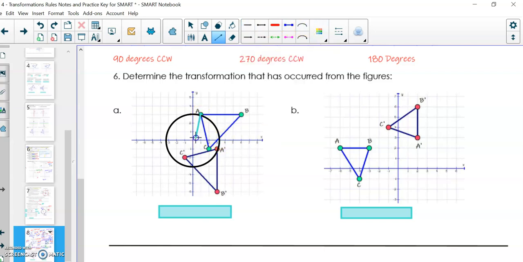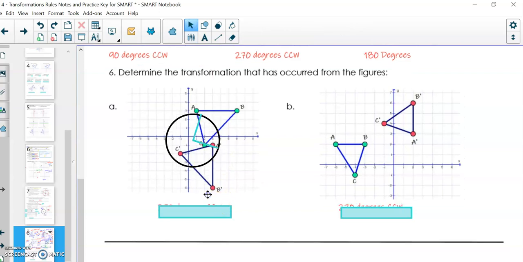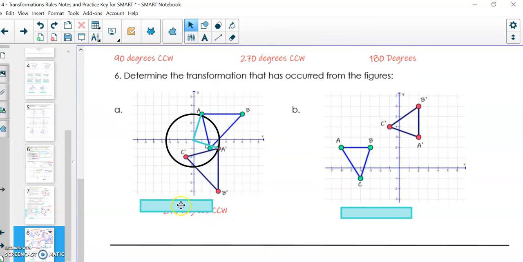The center of rotation is the origin, so if I draw a radius from A to the origin, and then from the origin to A prime, that definitely looks like it's gone 90 degrees in the clockwise direction, which would be the same as 270 degrees in the counterclockwise direction. So that's a visual way to tell.